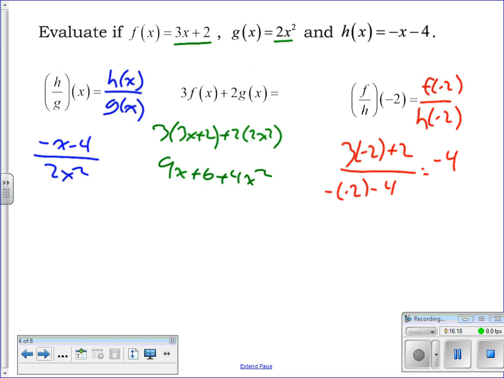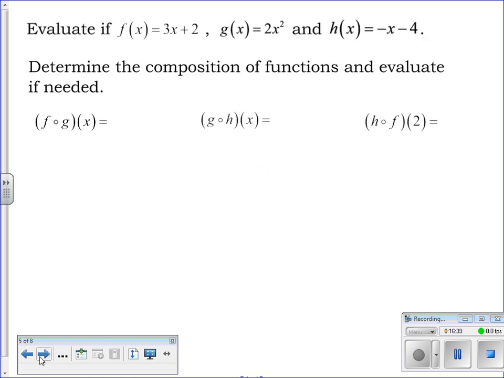Gives me negative 4. Negative negative 2 is 2. 2 minus 4 is negative 2. Negative 4 over negative 2 is 2. Simplifies out. Nice and easy. Questions?